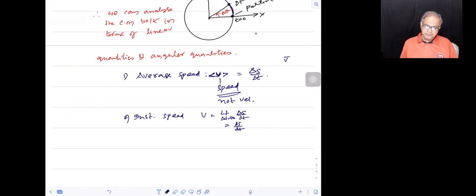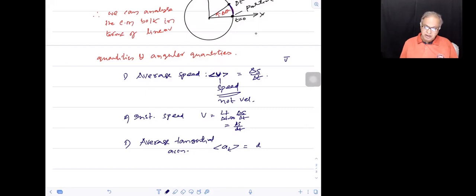And then average tangential acceleration, which we derived the other day. You define it between two instants, t1 and t2. The average tangential acceleration, if you remember, was what?